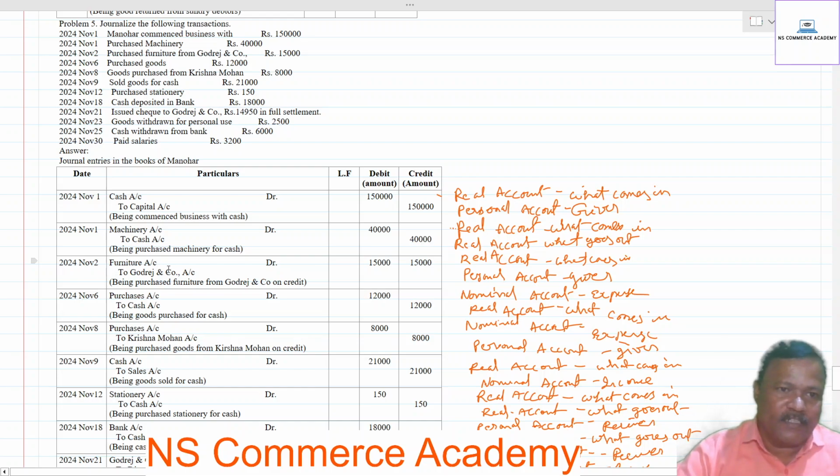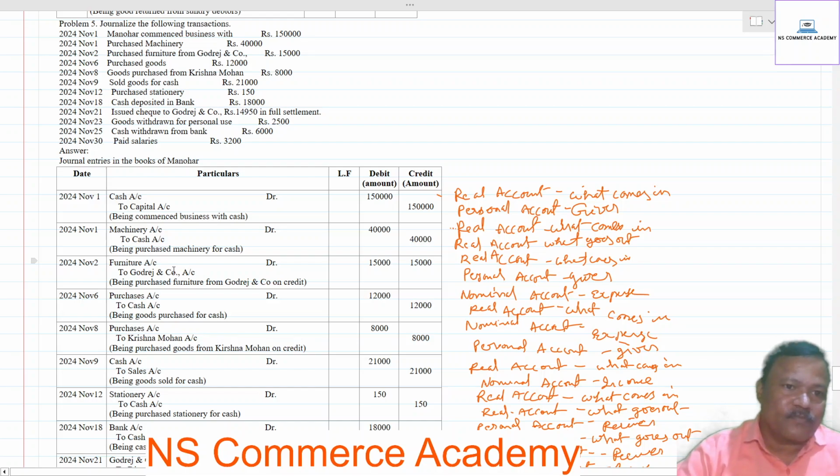Next, the accounts are furniture account and Godrej account. Furniture account is a real account and Godrej account is a personal account. We should debit the furniture account, being an asset coming in. And we should credit Godrej and Company, being the giver to the business.